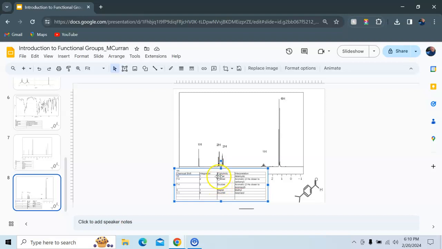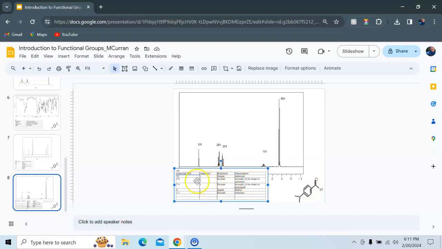The next one, this doublet here at 7.9, and both of these in this range are common for aromatic protons. If we look at the integration values first, we can see that there's 2 equivalent protons for each of these peaks, which makes sense with our benzene ring that has a plane of symmetry in it.